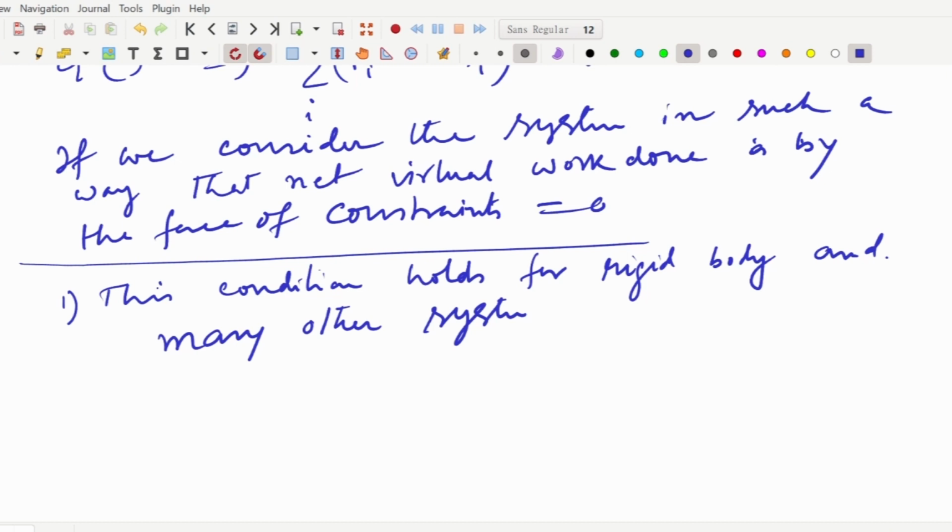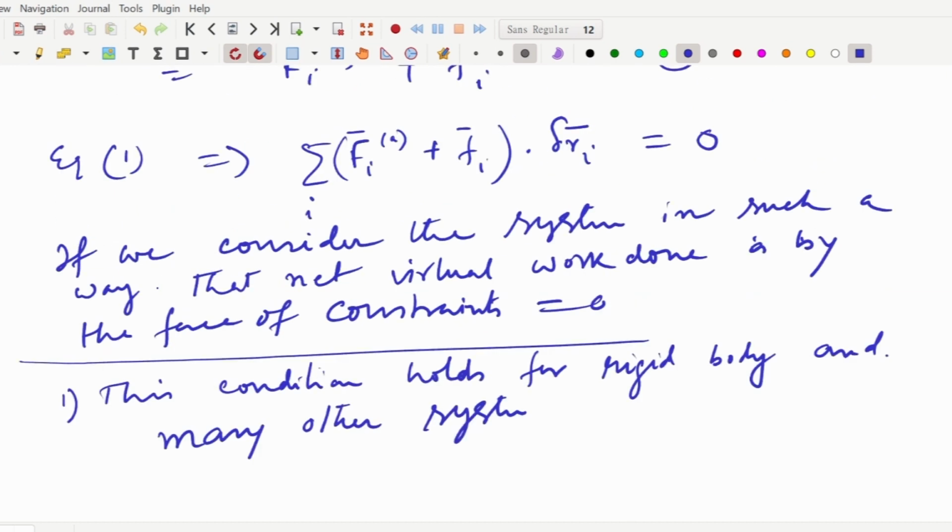So in that situation, let me write this as equation 3.